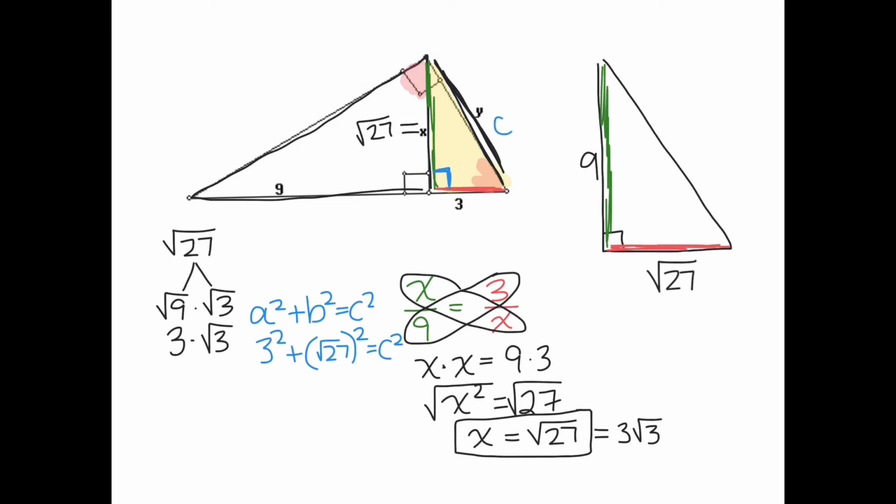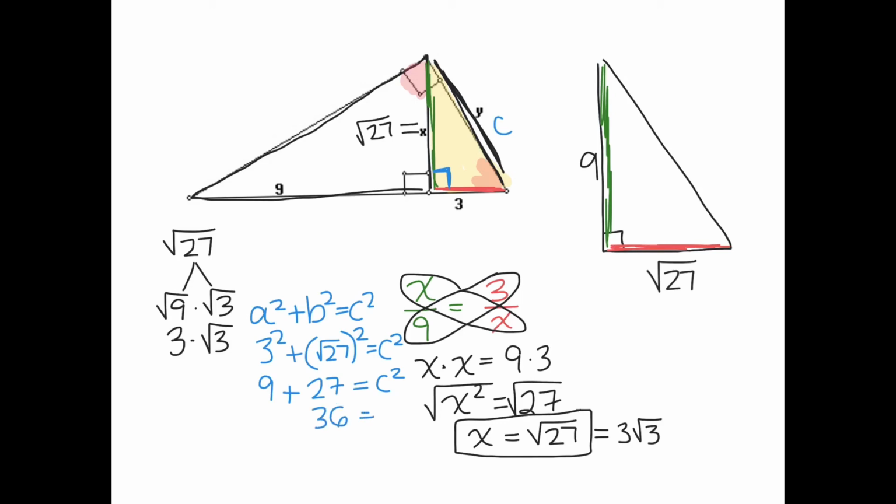So I'm solving for y. 3 squared is 9 plus, let's see if you can get this, the square root of 27 squared. That just undoes itself. So like that radical sign is being reversed by squaring it. So that's just plus 27 equals c squared.